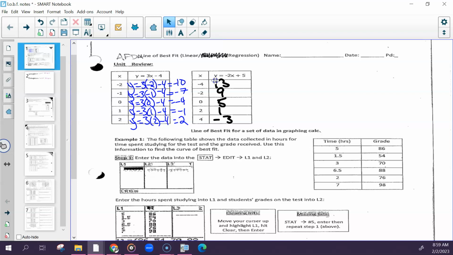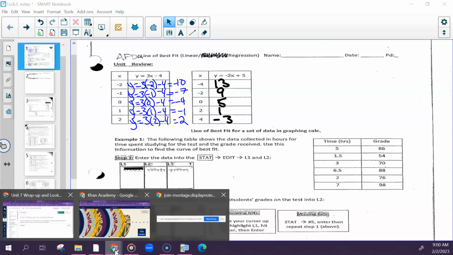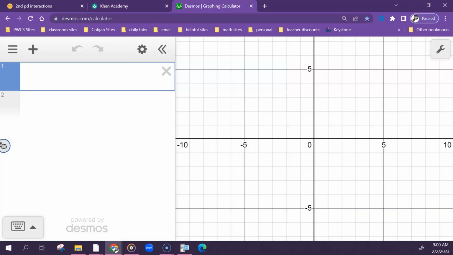It looks that way, but the x values are skipping by 2. So it's actually going down by 2 each time. If we had the individual ones, we would see that. In Desmos, you would kind of do the same thing.